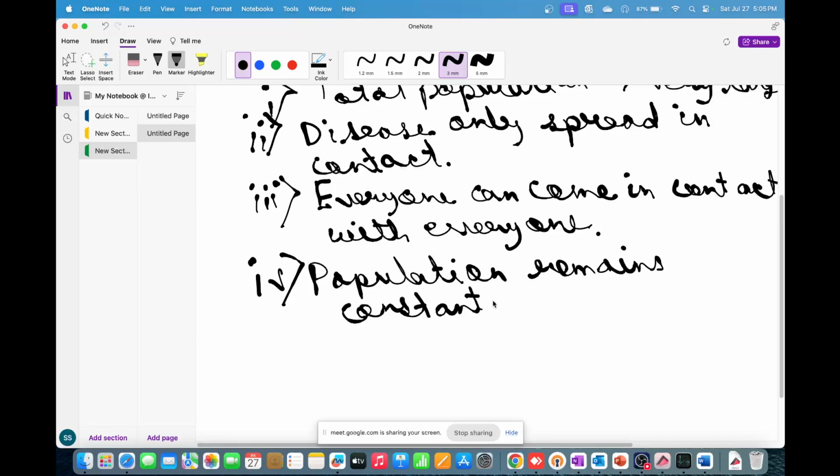No people are dying or giving birth to other people, because if we do that, we have to take into consideration the birth rate and the death rate of the population as well. So to keep our model simple, we assume that the population remains constant, which basically means no death or birth.